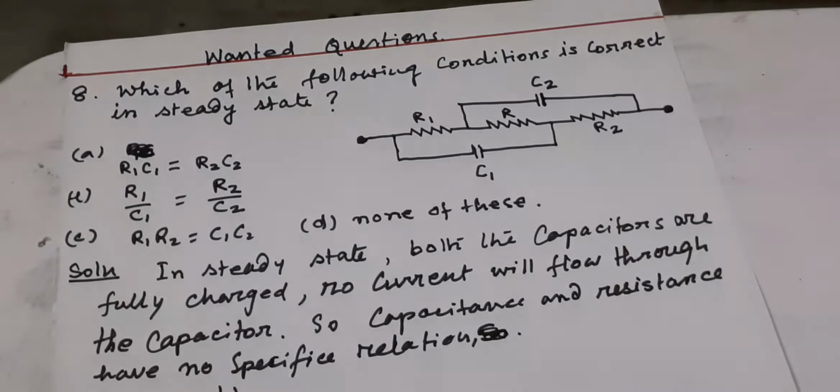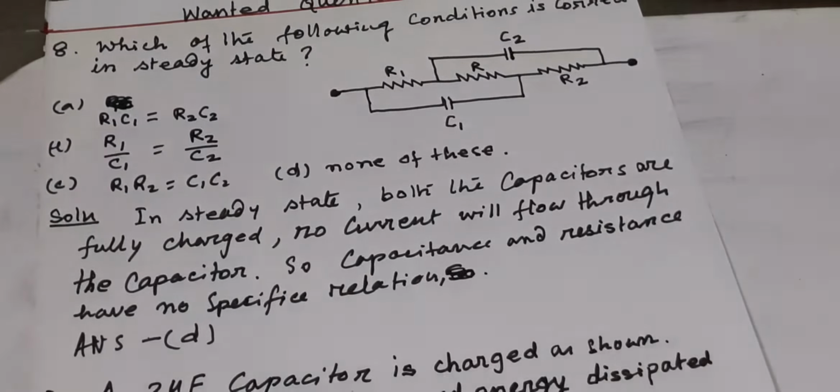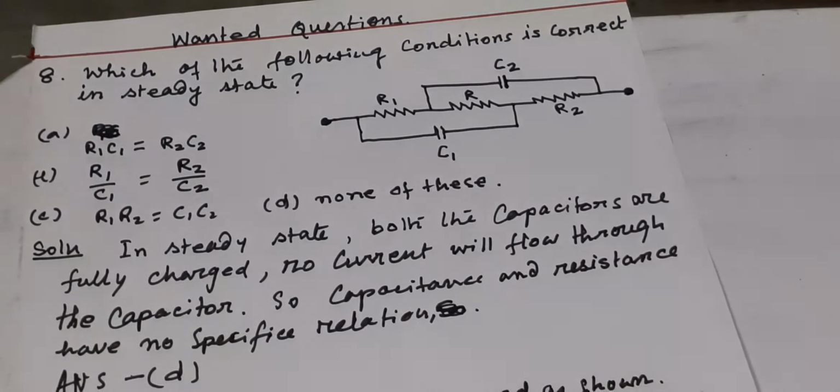So there cannot be any relation between C1 and C2 and among the resistances. In steady state, both capacitors are fully charged, no current will flow through the capacitors, so capacitance and resistance have no specific relations. The answer D will be the correct choice here.